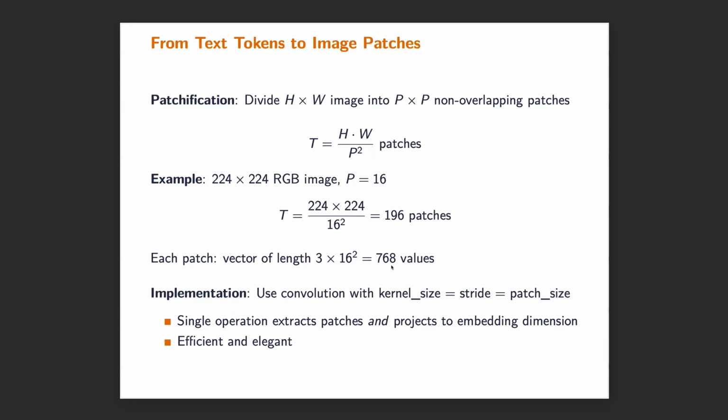Note that we have 3 channels, so each patch will result in a vector of 768 values. This is similar to convolution, where we had the kernel size and stride similar to this patch size. So this means basically the kernel is the patch and they are non-overlapping.